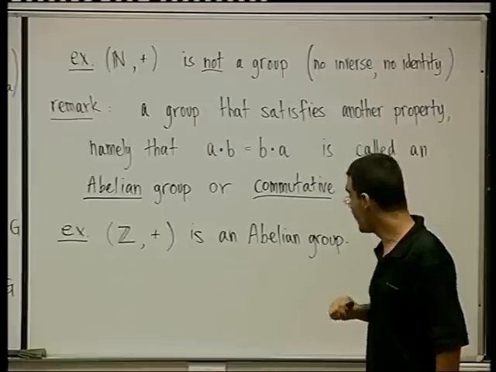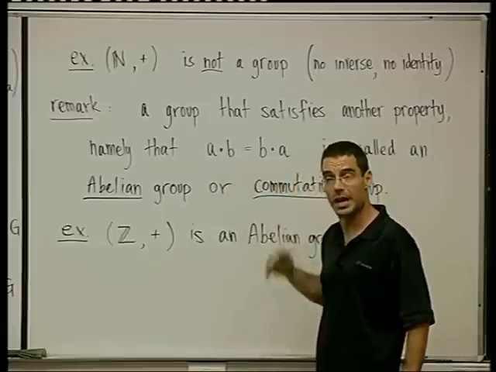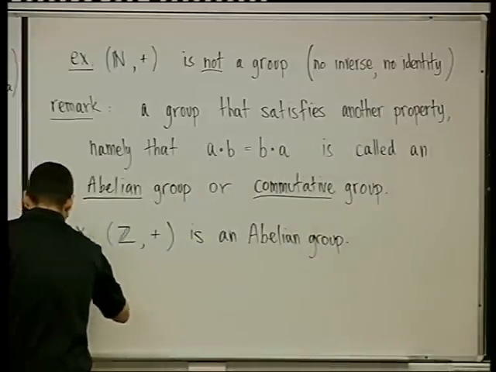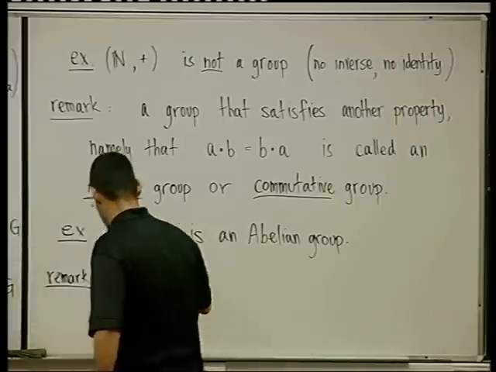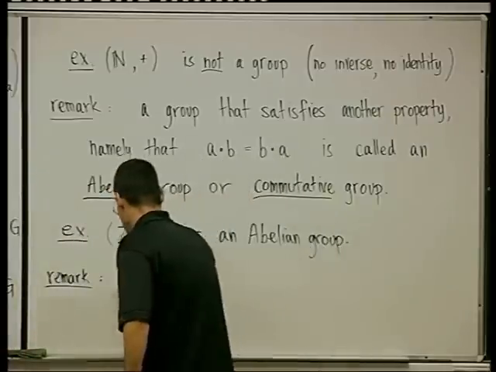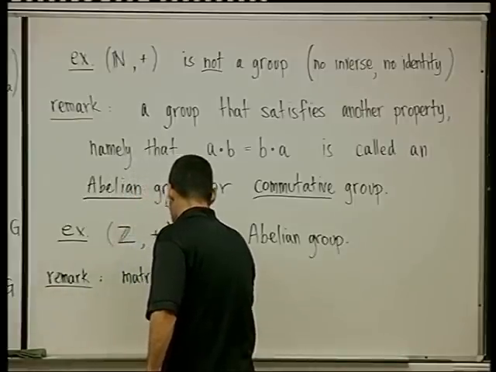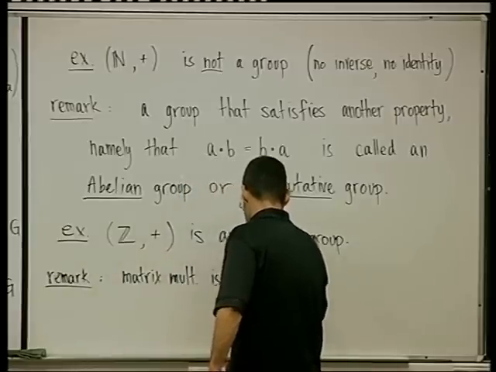And yeah, in fact, subtraction is not, so here's another remark. I don't want to go too deep into these issues, but it's interesting and it's good to mention. Matrix multiplication is not commutative.